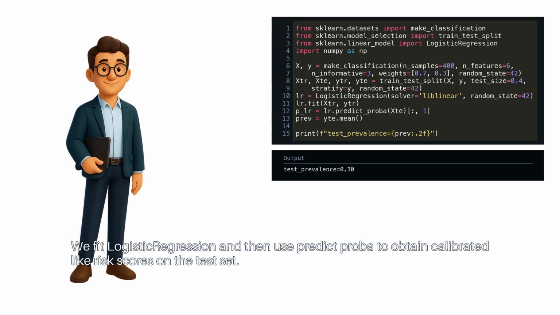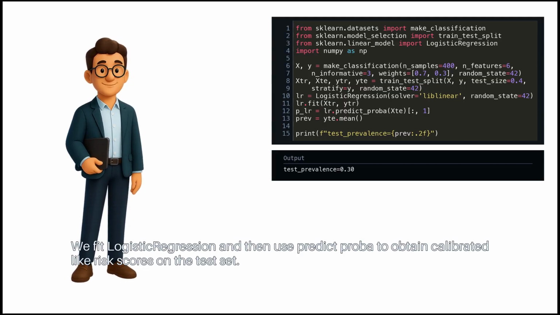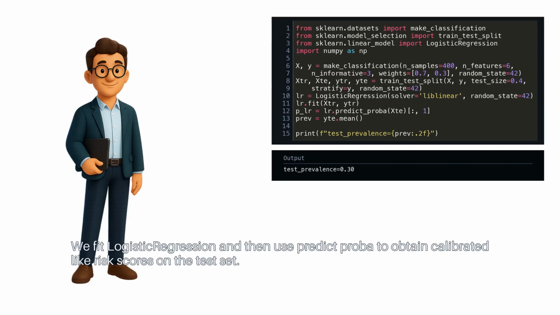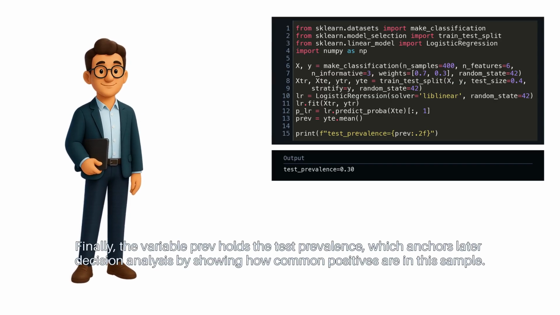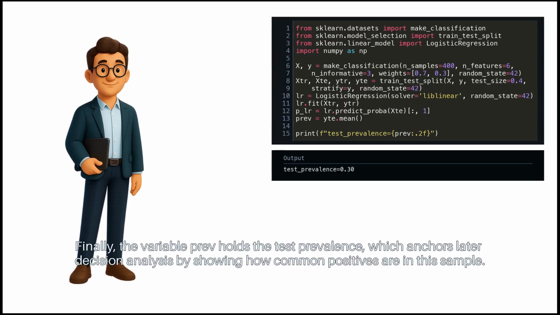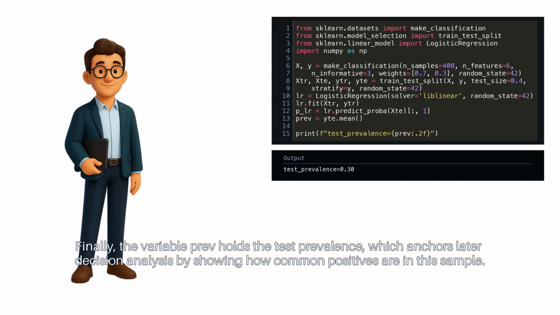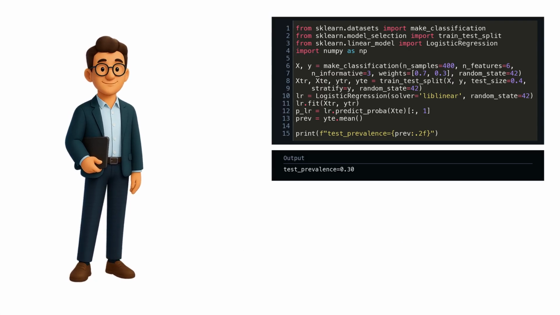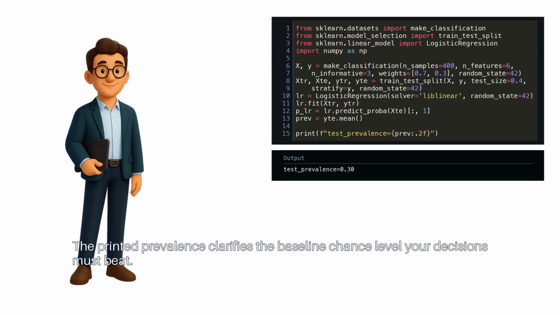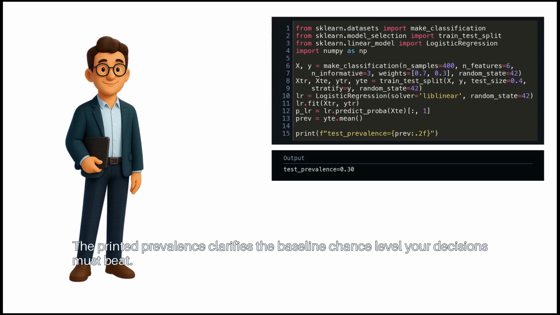We fit logistic regression and then use predict proba to obtain calibrated-like risk scores on the test set. Finally, the variable prev holds the test prevalence, which anchors later decision analysis by showing how common positives are in this sample. The printed prevalence clarifies the baseline chance level your decisions must beat.